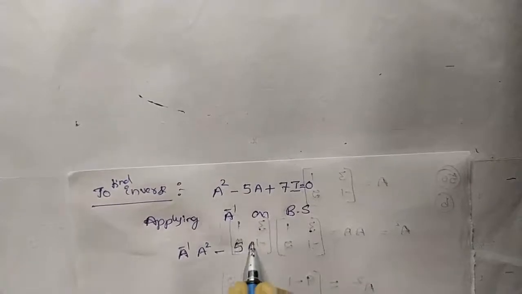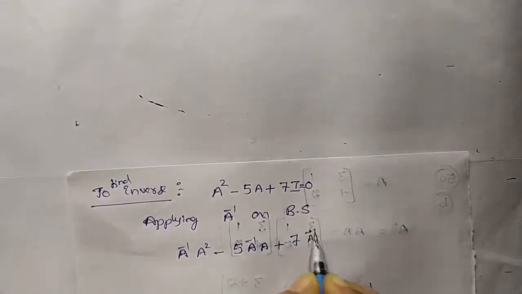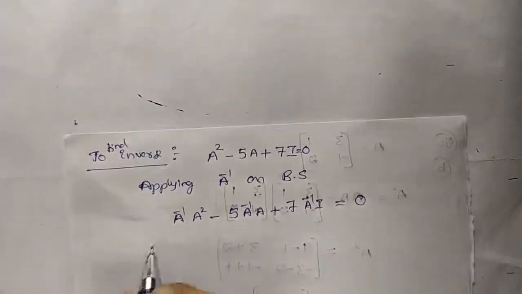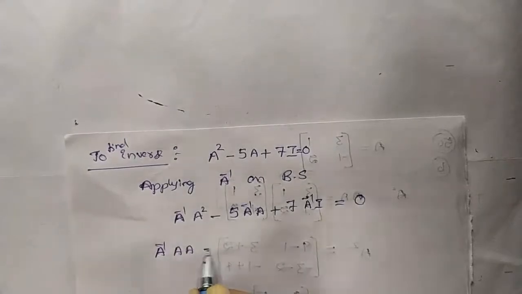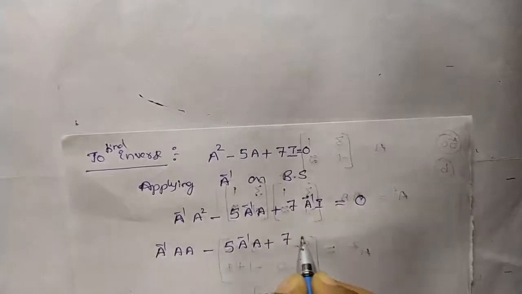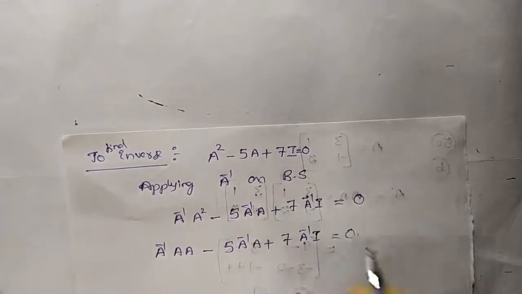Then A inverse into A square minus 5 A inverse into A plus 7 A inverse into I is equal to 0 into A inverse, which is 0. A inverse A square is what? A inverse A into A minus 5 A inverse into A plus 7 A inverse into I is equal to 0.